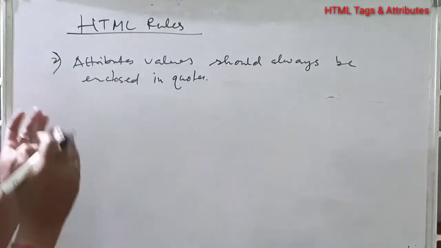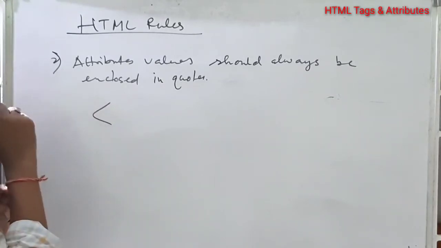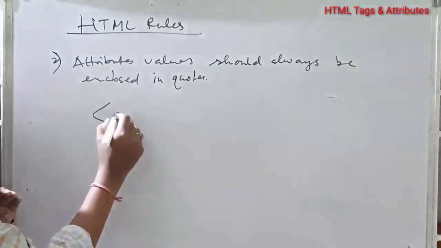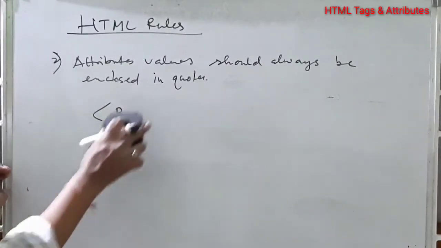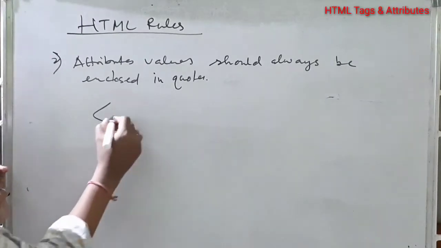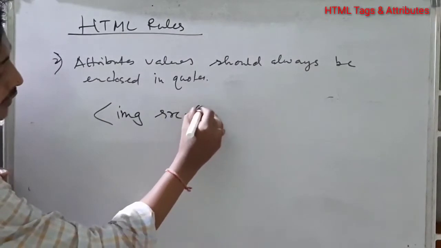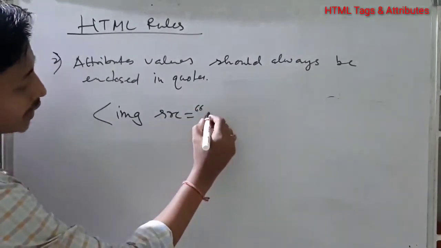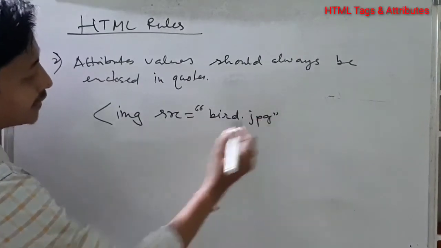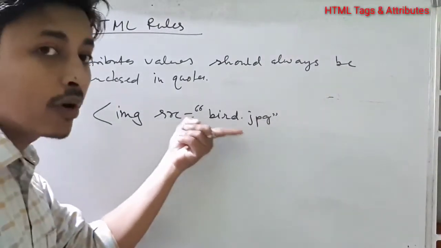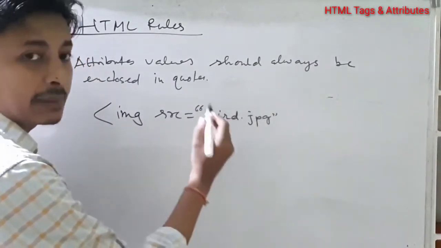Means whatever the value of attributes. For example, say I want to insert an image. IMG src equal to, here I write the URL, say bar.jpg. Bar.jpg means what? It is the name of the image. It is a JPG format picture, and bar is the name of the picture.